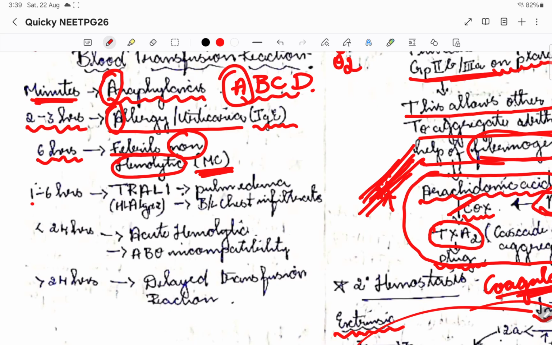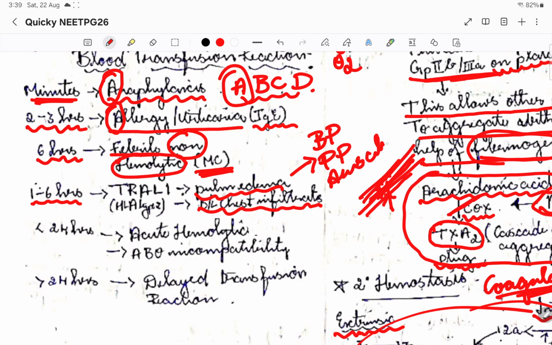Whereas again within 1 to 6 hours, if the patient is presenting with severe pulmonary edema and bilateral chest infiltrates, that is why we always try to do BP monitoring, pulse monitoring, and auscultation also. Most of them don't tell us to do auscultation, but we are supposed to do it. All we do is BP and pulse monitoring, right?